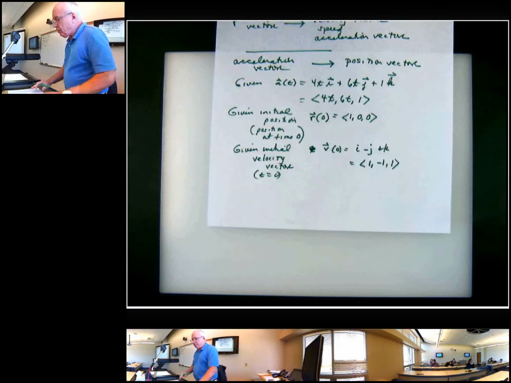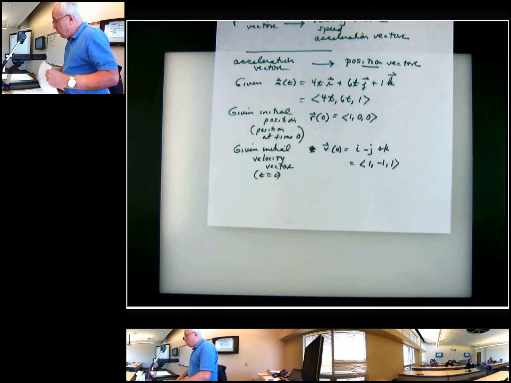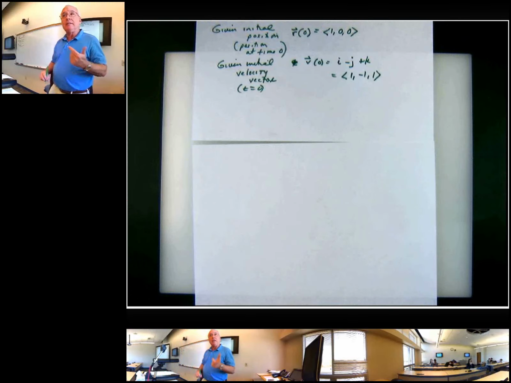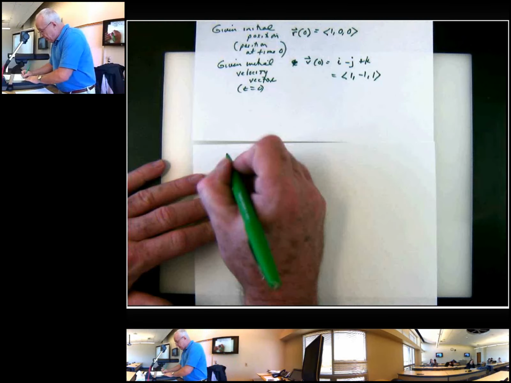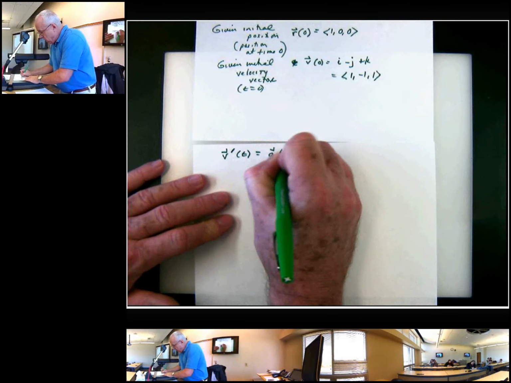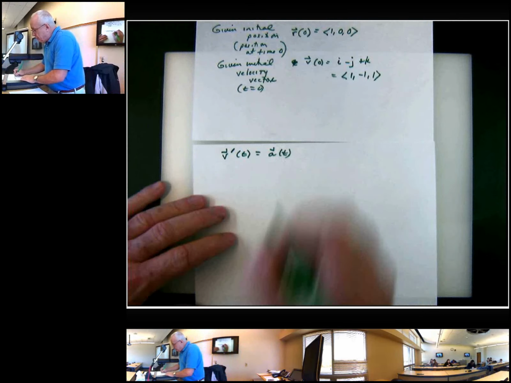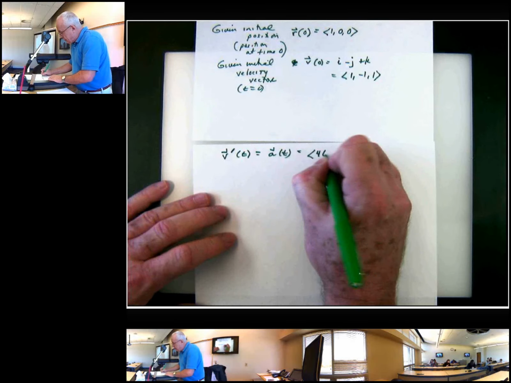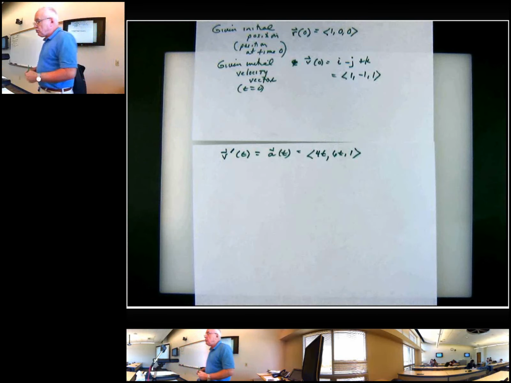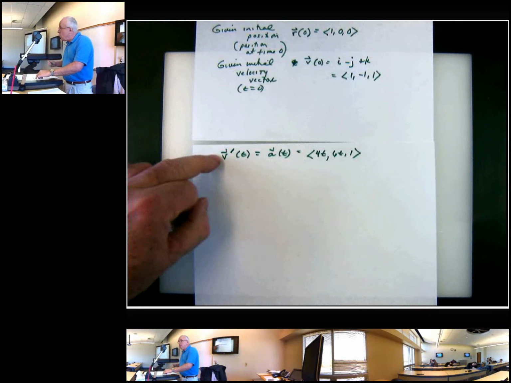Okay. All right, so we want to find the position vector. So we're going to, first of all, use the fact that the derivative of the velocity vector is equal to the acceleration. We're given the acceleration vector, which is equal to <4t, 6t, 1>. So what process do we need to do to solve for the velocity vector if we know its derivative?